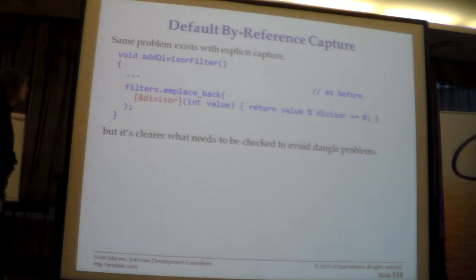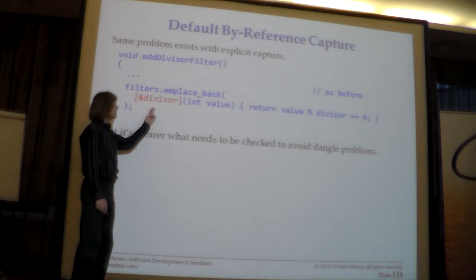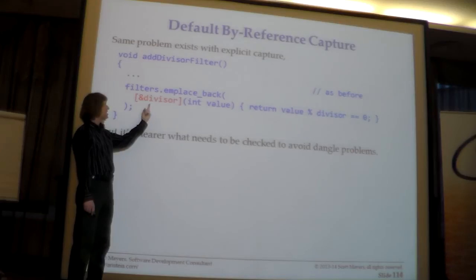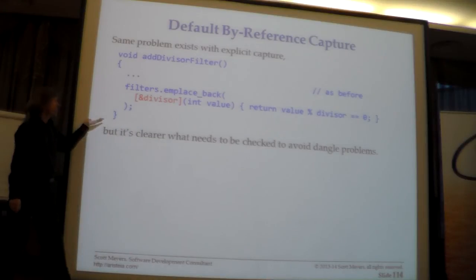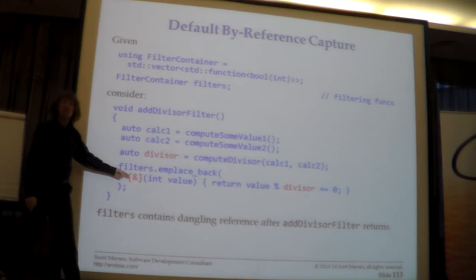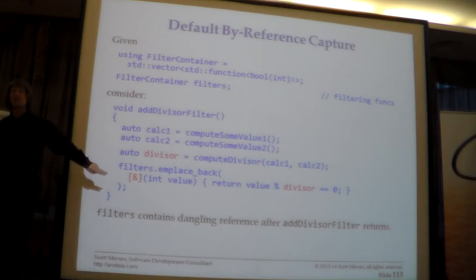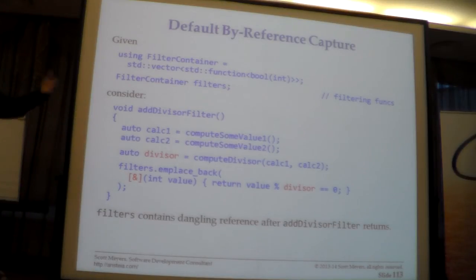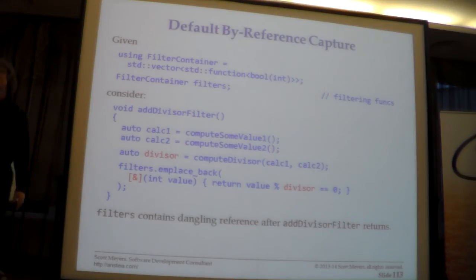Now, to be fair, if you expressly listed it this way, this says I want to capture divisor by reference. You can still dangle. This dangles just as much as the previous one does. The difference is, if I go back one slide, this syntax is a general way of saying, by the way, something might dangle. You better check things.